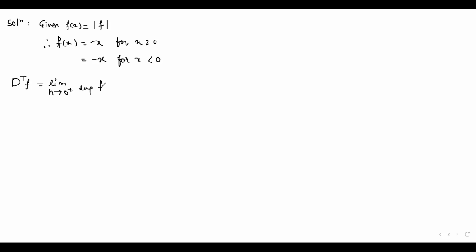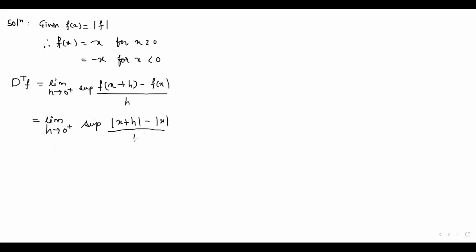(f of x plus h minus f of x) upon h, which equals limit h tends to 0 plus supremum of, f of x plus h will be mod of x plus h, then f of x will be mod of x, upon h.